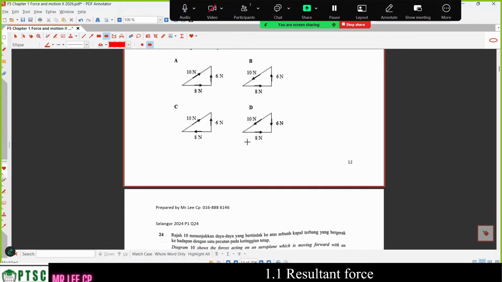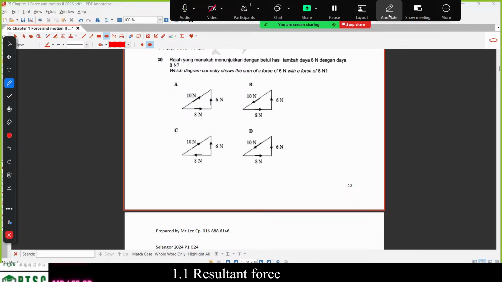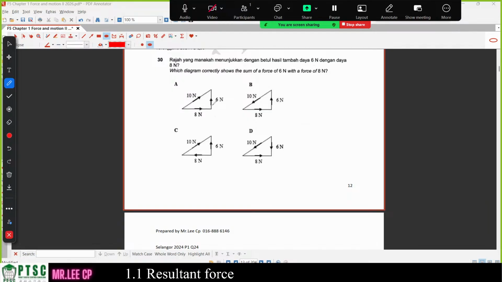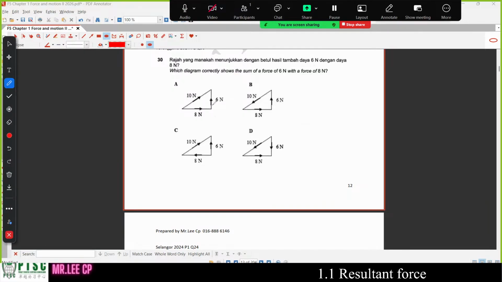This one actually I haven't really taught you yet, but never mind, we still can answer. Which diagram shows the sum of the force 6 Newton and 8 Newton? I haven't taught you. I'll come back to do this question, because it is confusing with another one.